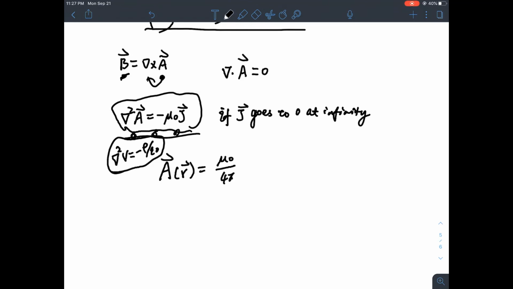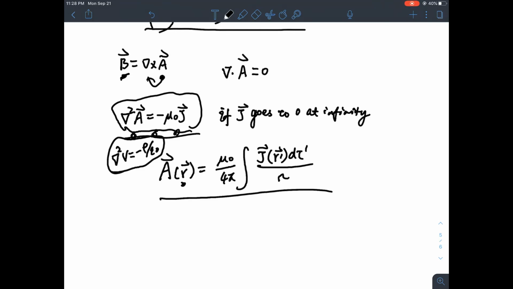The solution to this equation is just the current J times d tau prime, divided by the cursive r, the separation vector between the current and the point r where we want to calculate the value.